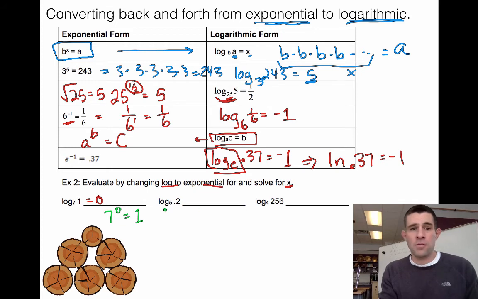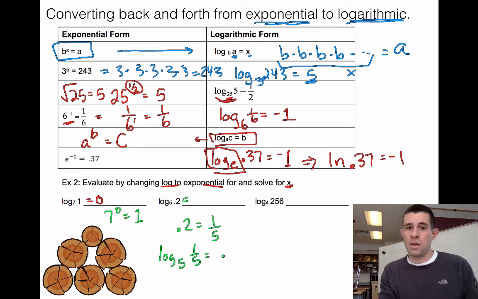All right, let's take a look at the next one. Log base 5 of 0.2 is equal to what power? So what power do I raise 5 to in order to get 0.2? Now, you'll remember that 0.2 in decimal form or in fraction form is actually 1/5. So let's rewrite this. Log base 5 of 1/5 is equal to what? So what power do I raise 5 to in order to get 1/5?